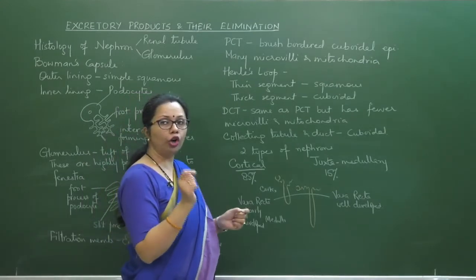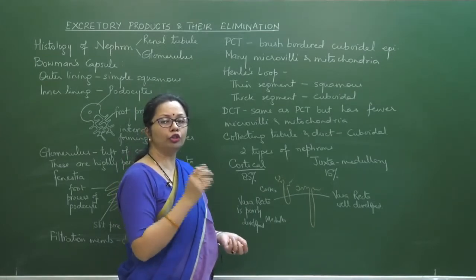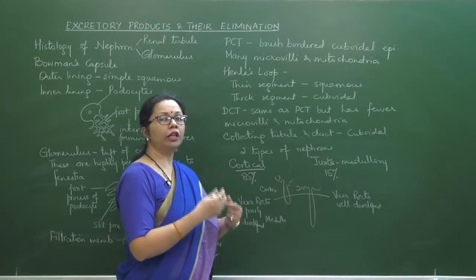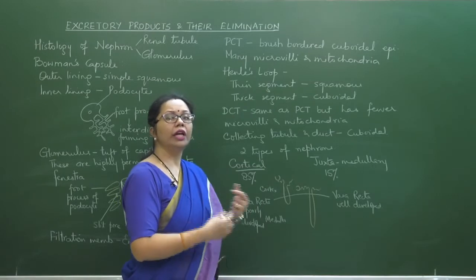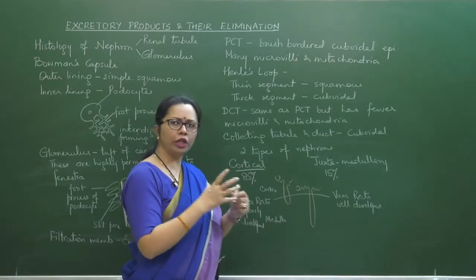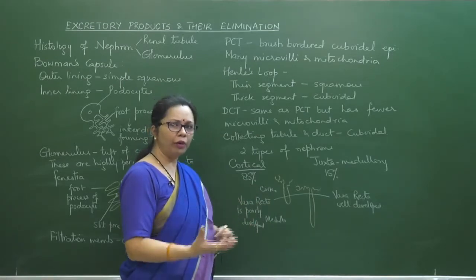Then another thing we can add on is that kidneys don't only have the function of excretion but also maintaining osmoregulation. Now osmoregulation is maintaining the amount of water and the various electrolytes, that is ions, in our blood plasma. So there has to be a proper concentration, not only in the blood, but overall in the extracellular fluid, because there would be some tissue fluid also, and blood and lymph are there.